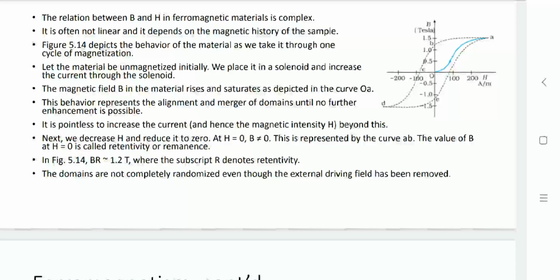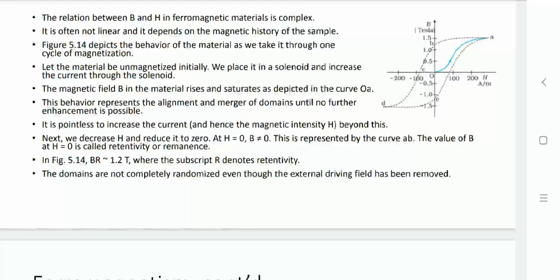Now in the third quadrant, D is in a saturation condition. Even though the external field increases, there is no variation in magnetic field strength. At that time, the magnetic field saturation point is minus 1.5 Tesla.